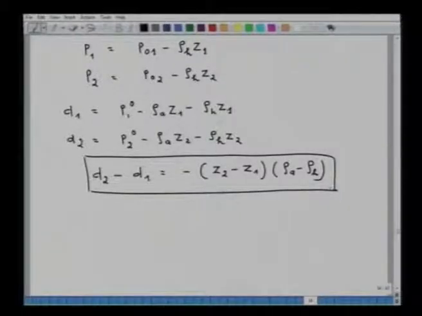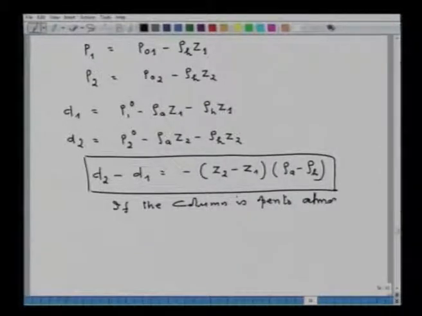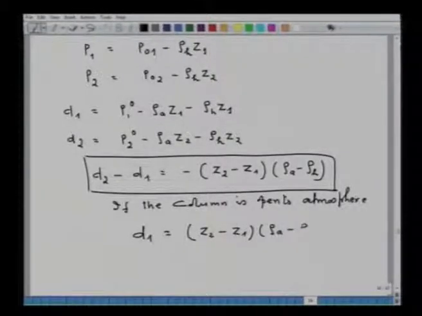Now, if the column is open to atmosphere, then D2 will be 0, and then we have the draft D1 equal to (Z2 minus Z1) times (rho A minus rho H).